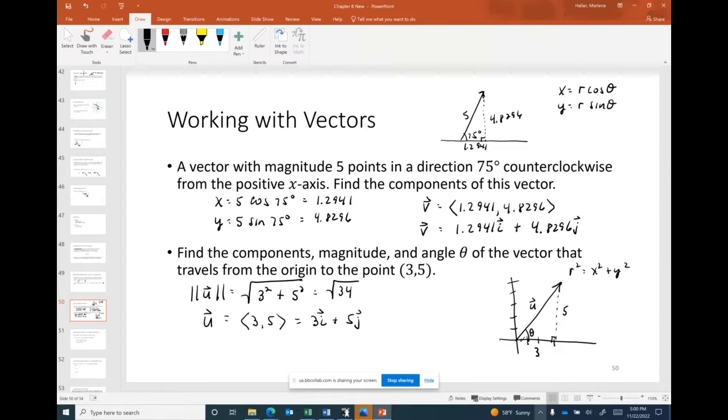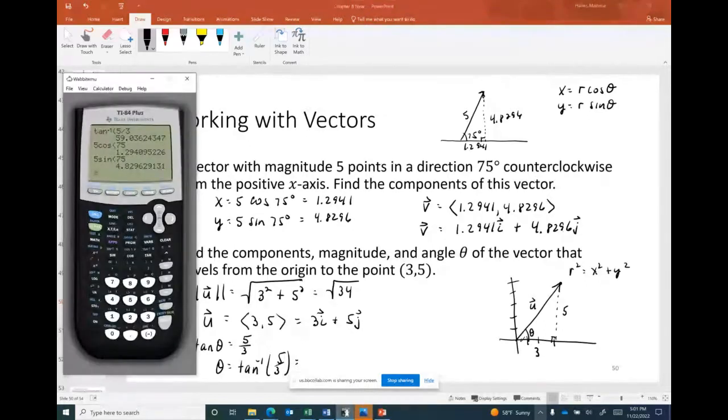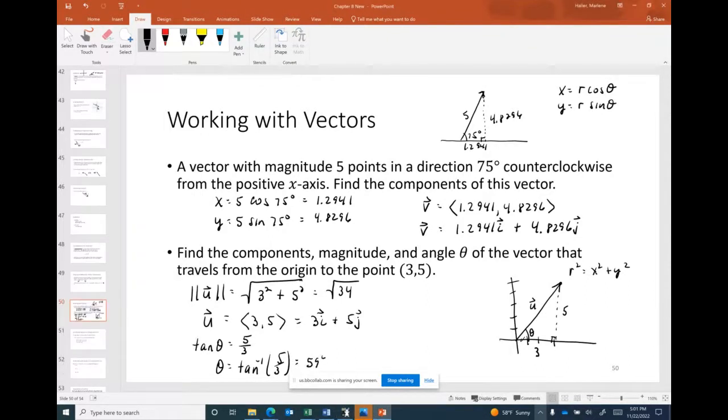If I use the tangent, the tangent of theta is opposite over adjacent, 5/3. Taking the inverse tangent of both sides, theta is the inverse tangent of 5/3. Inverse tangent of 5 divided by 3, and it looks like it's 59 degrees.